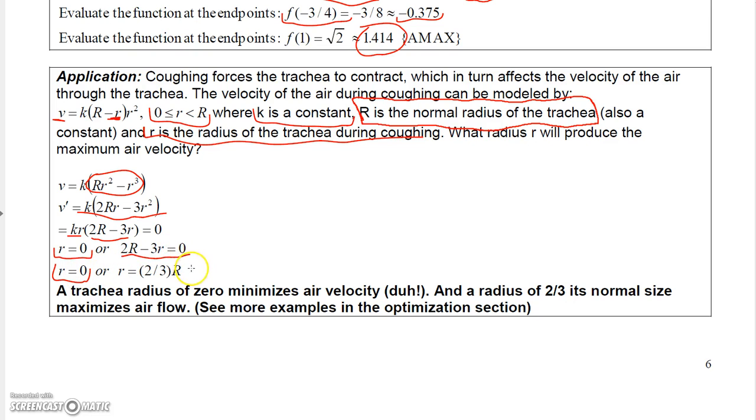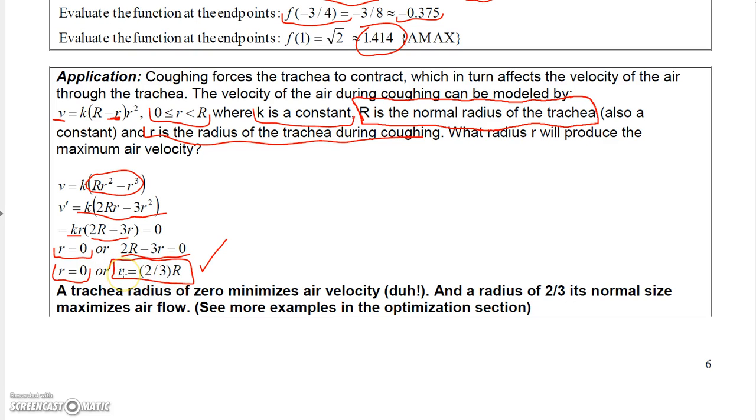So I don't think you could get any airflow there. That's probably where you minimize airflow. All right, let's try the other one: 2R minus 3r. If you solve this algebraically for little r, and you can do this on scratch paper, you get little r is 2/3 of capital R. This is the one that maximizes airflow, or maximizes velocity.